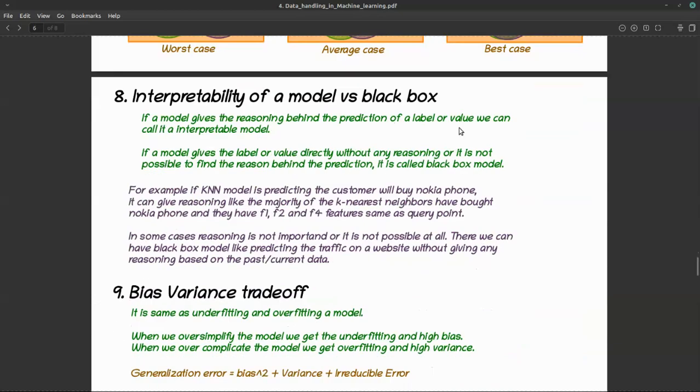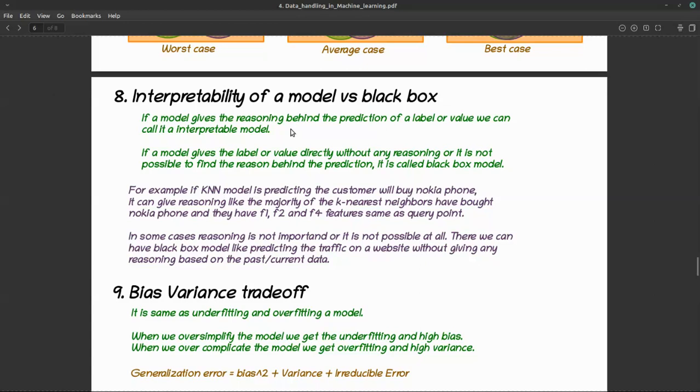What is the interpretability of a model versus a black box, right? We will see each case in all the algorithms: whether logistic regression is interpretable or not, whether a decision tree is interpretable or not, whether the RBF kernel is interpretable or not. So what do I mean by interpretability versus black box?